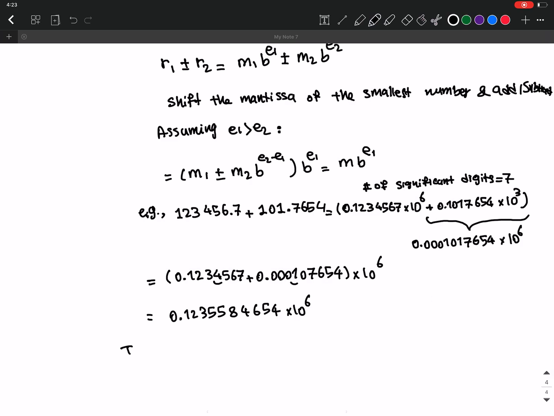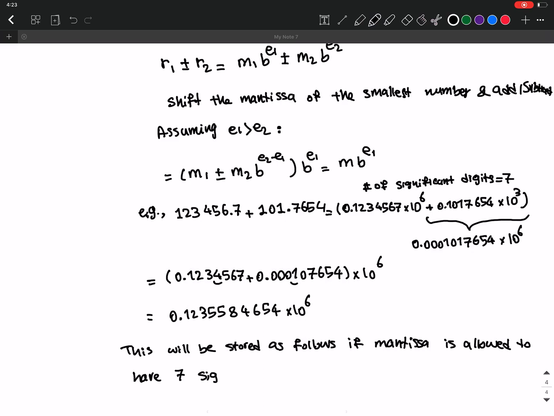So this will be stored as follows if Mantissa is allowed to have 7 significant digits.